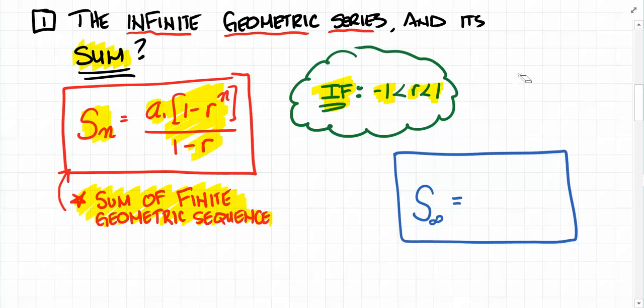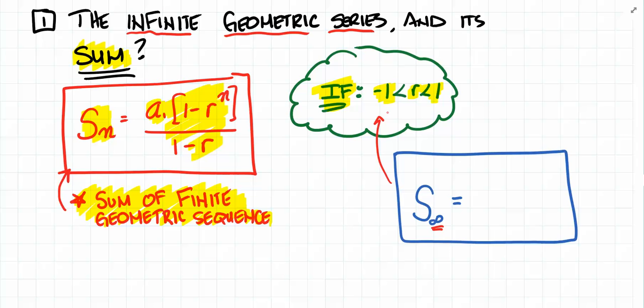If I have a ratio that is strictly between -1 and 1, then I am actually allowed to add a series to infinity, which is a very, very strange concept, because how can you keep adding to a sequence and go all the way to infinity and have it actually equal a number? Well, it's only true if and only if your ratio is between -1 and 1.